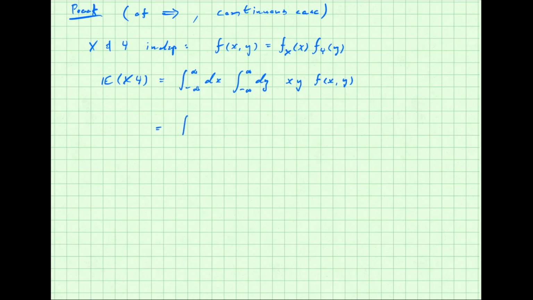So this becomes the integral over x of x times the marginal density function, times the integral over y of y times the marginal density function.